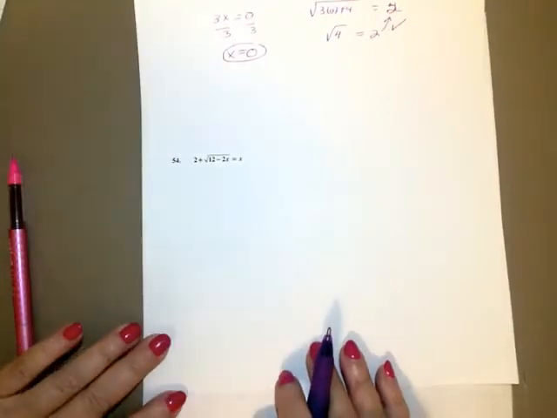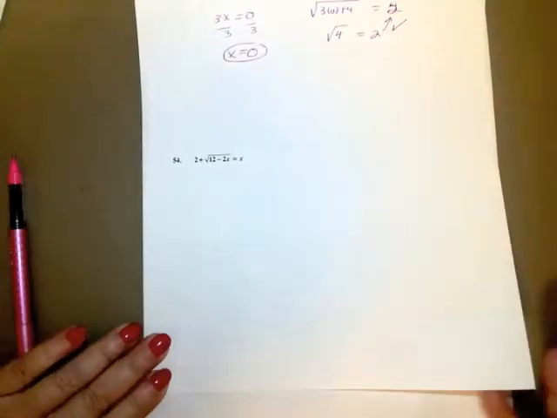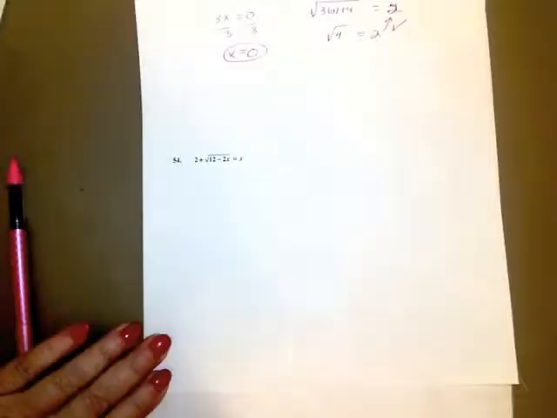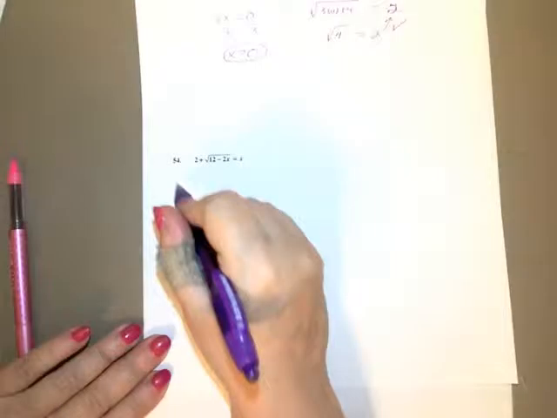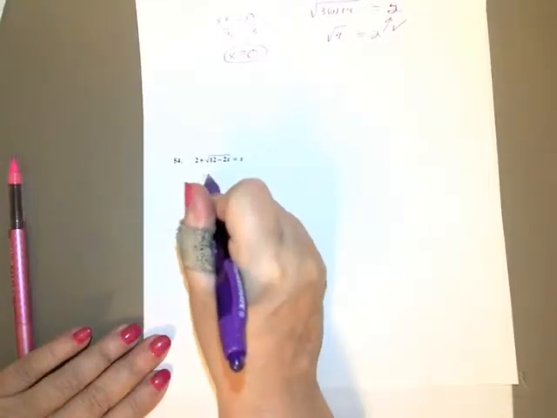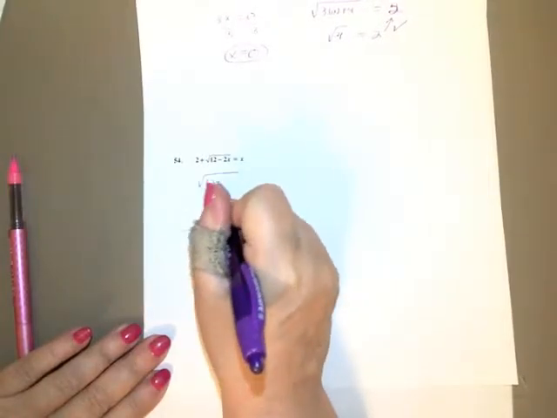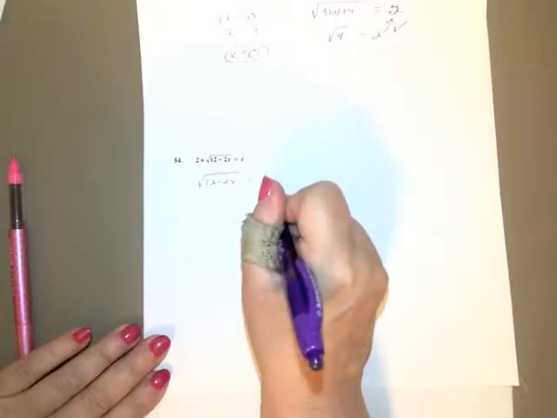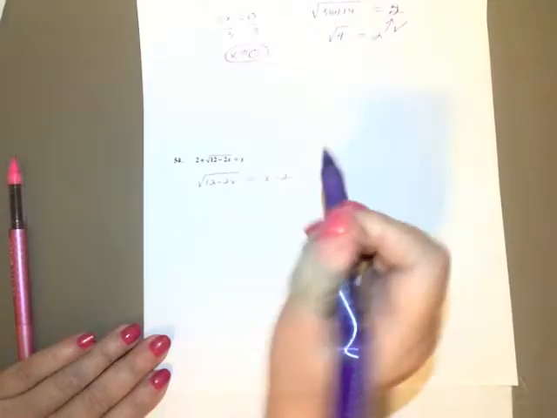Now, if you look at this particular problem, dealing with a radical equation, what you notice is the radical isn't by itself, so you need to move the 2 to the other side. So this then says that the square root of 12 minus 2x equals x minus 2.